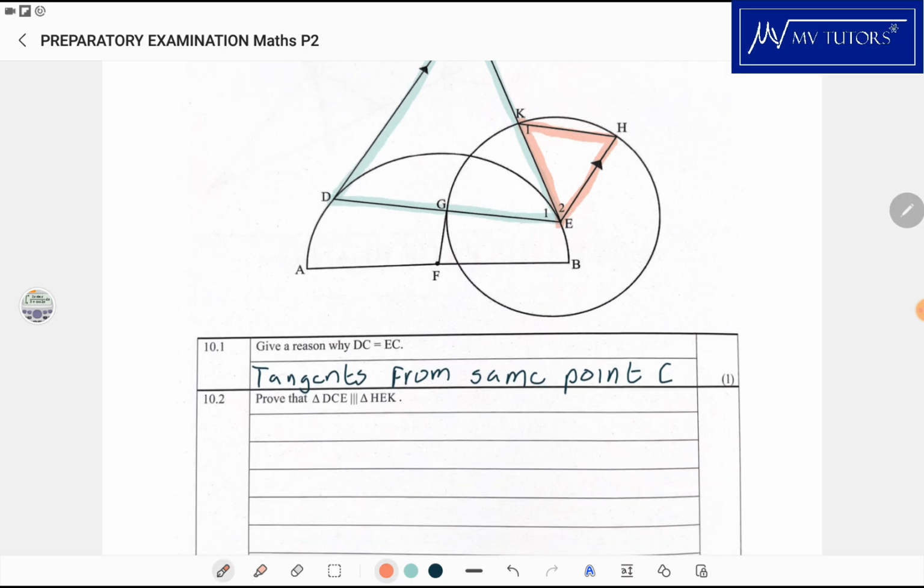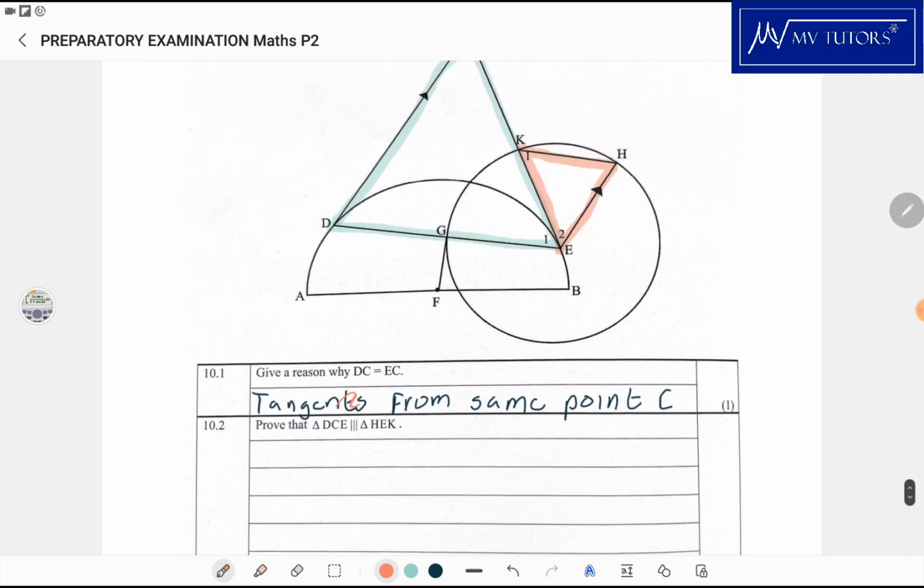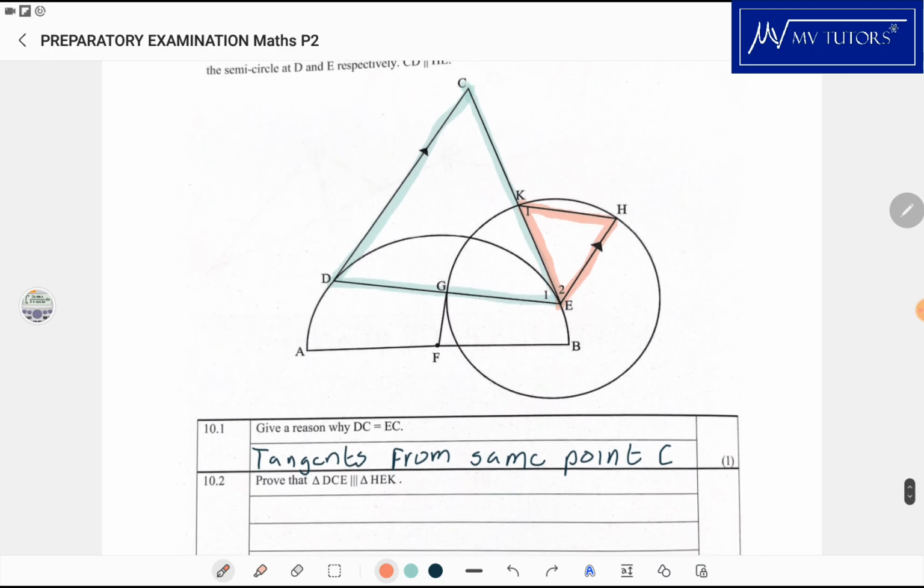Whenever we prove that, we have to show that this first D is equal to the first H in that triangle. That's what we have to show. And then we have to show that C is equal to E, and that E is equal to K. So we look at which one will be the simplest first.